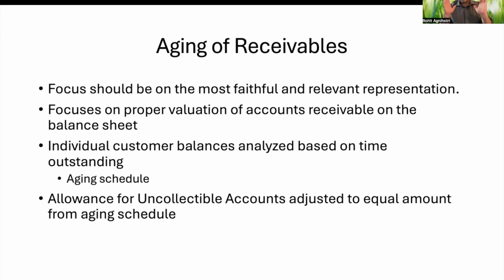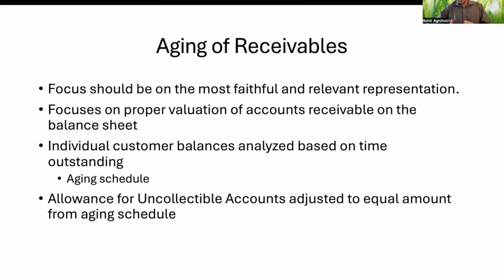So that is one reason it is called the balance sheet approach, because you are dealing with accounts that you see on the balance sheet. And the second reason is that you focus on the most faithful and relevant representation. You need to be truthful and honest in reporting your numbers.